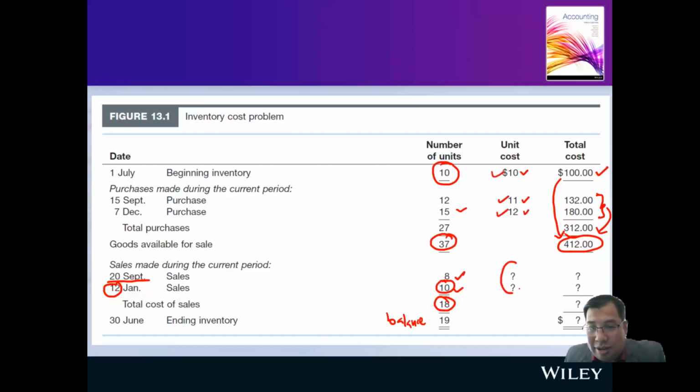So this question is what we call the cost flow methods that we're going to use. It depends whether you're going to use FIFO, LIFO, or average.